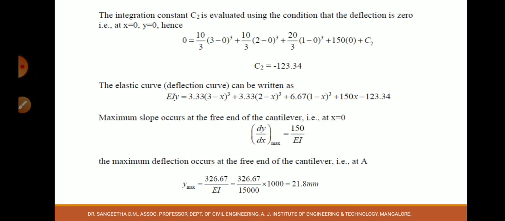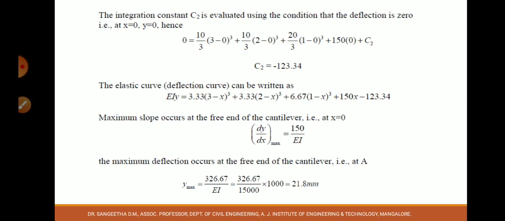What is x is 0 means? Fixed end. At fixed end, deflection 0, rotation 0. So, rotation 0 I have used. Now substitute for y 0 at x is equal to 0, you will get C2. Substitute all the parameters, you will get the deflection equation.